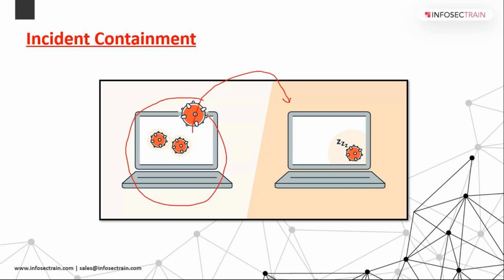For that we have sandboxing, which, as I already explained, provides an isolated environment. You install that particular software inside it and study its behavior: how it's encrypting the file, which kind of encryption it is using, asymmetric or symmetric, and all those kinds of things.